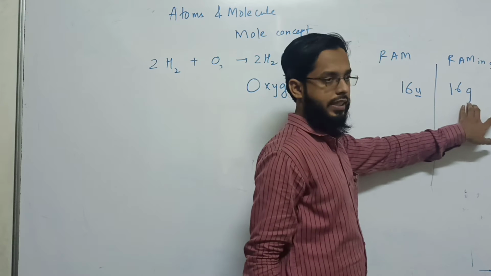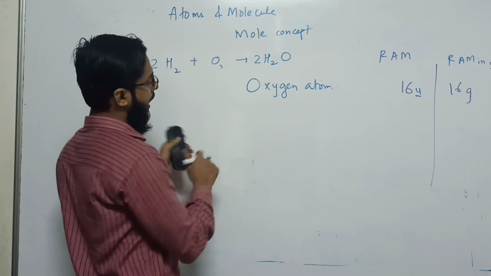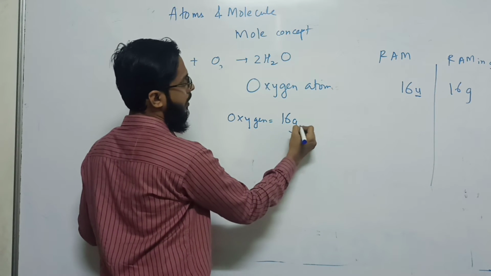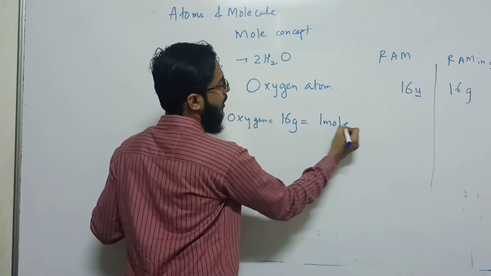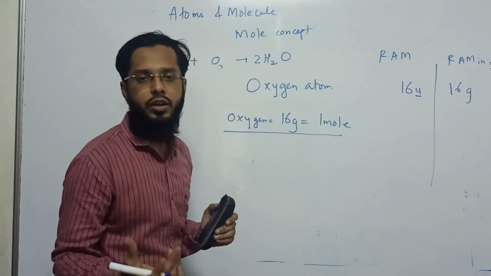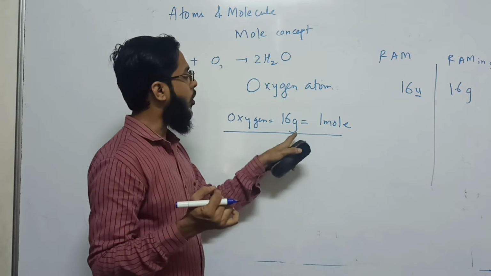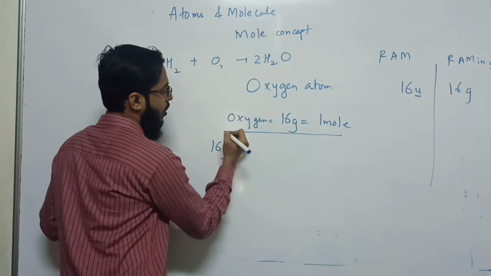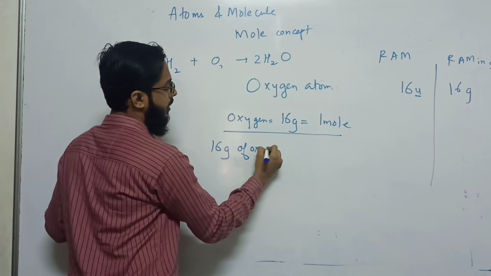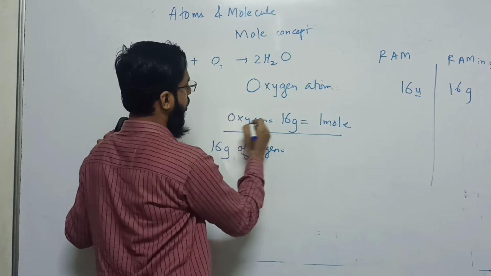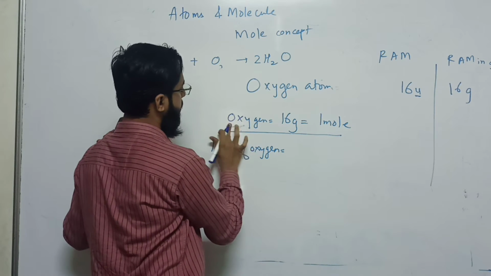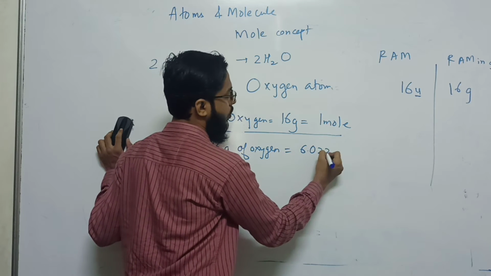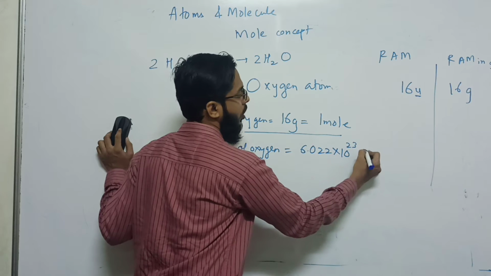When we write 16 gram of oxygen atom, this would be 1 mole. So 1 mole will always be equal to the molecular weight or atomic weight in grams, which means 16 gram of oxygen will have 6.022 into 10 raised to 23 oxygen atoms.